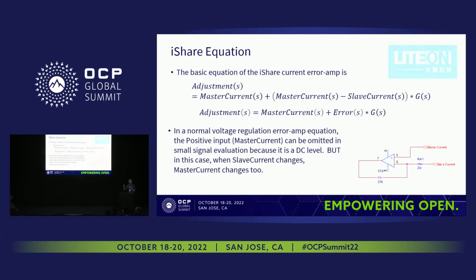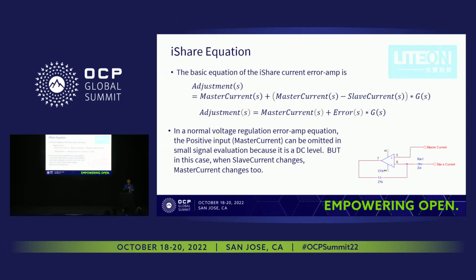And in a control system, when you apply this to a voltage regulation error amplifier, the positive input is always constant. So when we do the small signal calculation, we basically ignore the reference.